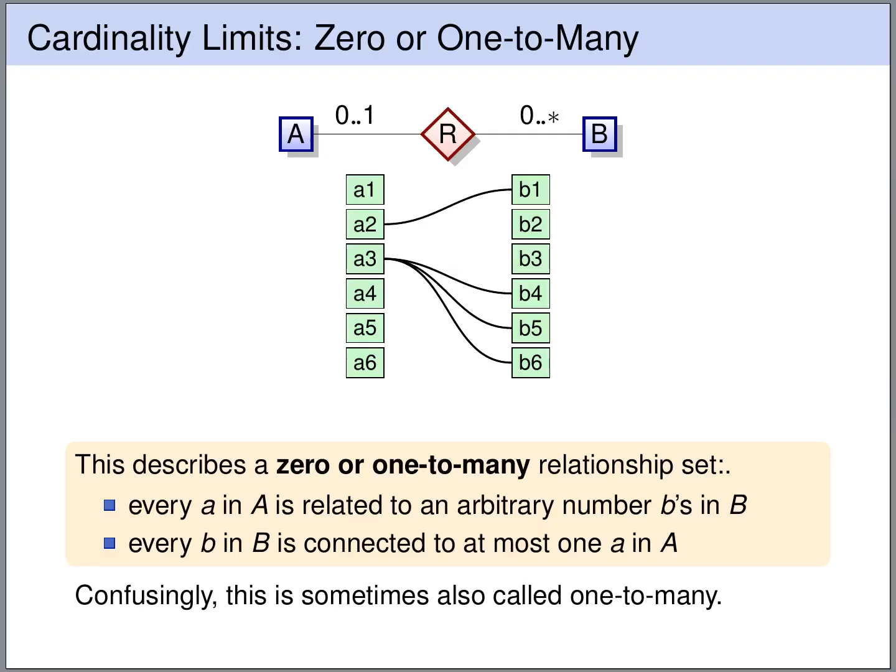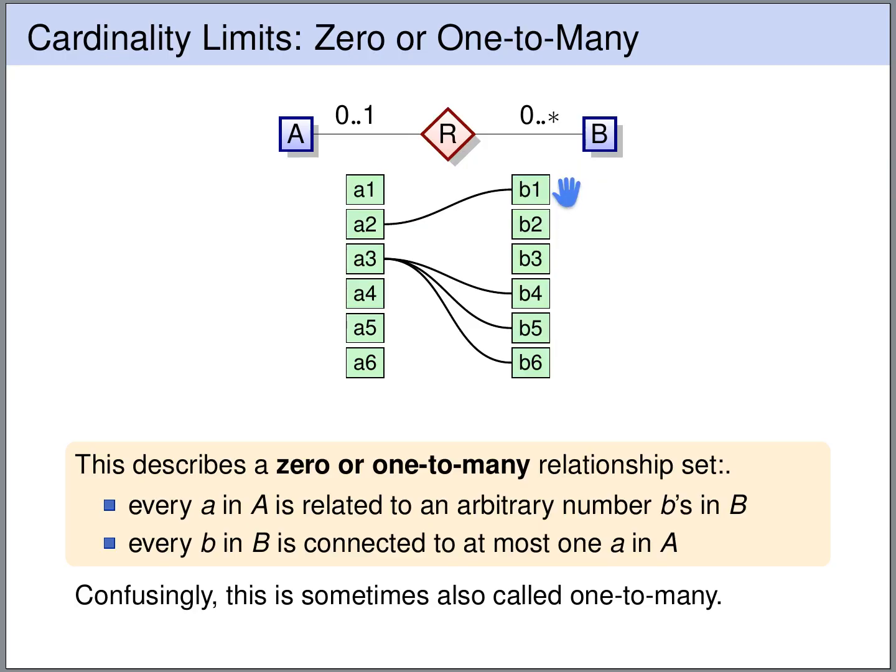If we want to express a 0-or-1 to many relation, we annotate the 0-or-1 side with 0..1 and the many side again with 0..*. Now, every A is still related to an arbitrary number of B's, and every B is related to 0 or 1 A's.